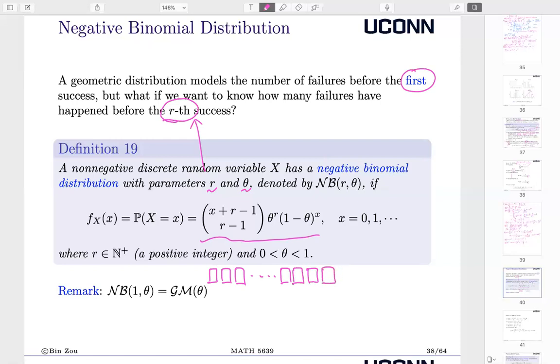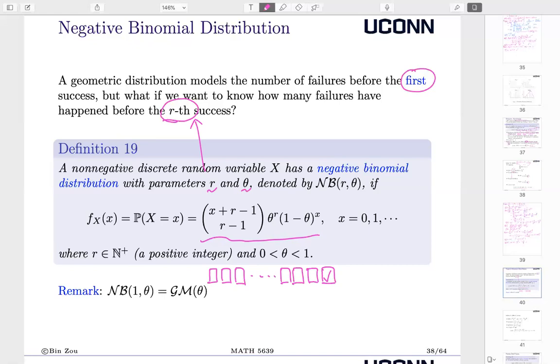I want to see r successes, and I want to know the number of failures before this particular success. That means the last one must be a success, right? Otherwise, everything fails. It cannot be the case that the last one is a failure, because we want to see the r-th success and know the number of failures before it.